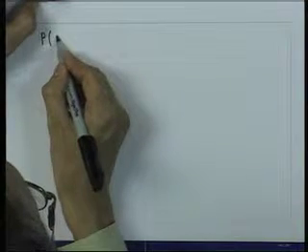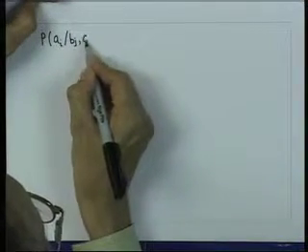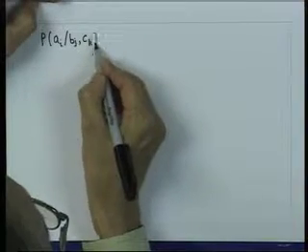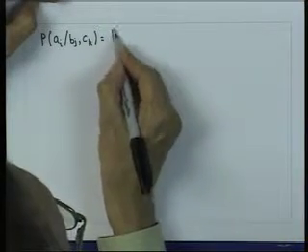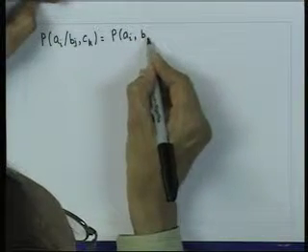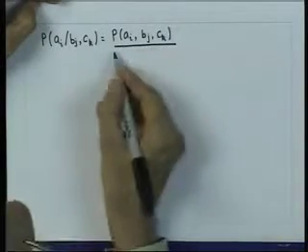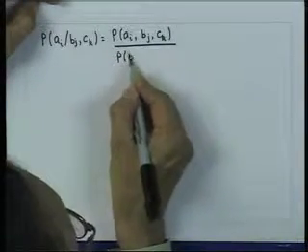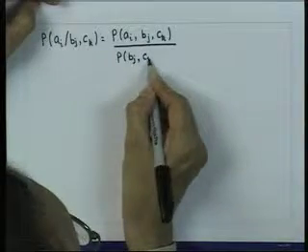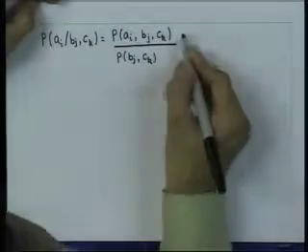It is not very difficult to prove that probability of A_i given B_j, C_k can be written, by Bayes' rule, as probability of the joint event A_i, B_j, C_k divided by probability of B_j, C_k, provided probability of B_j, C_k is not equal to 0.